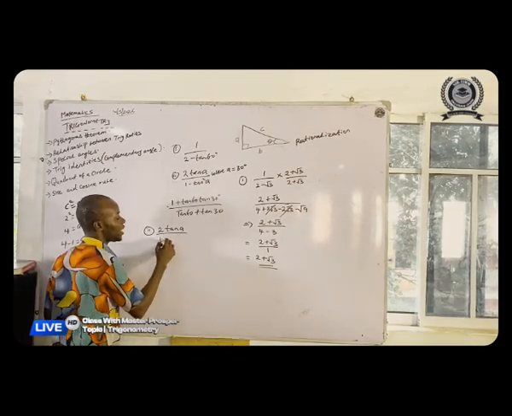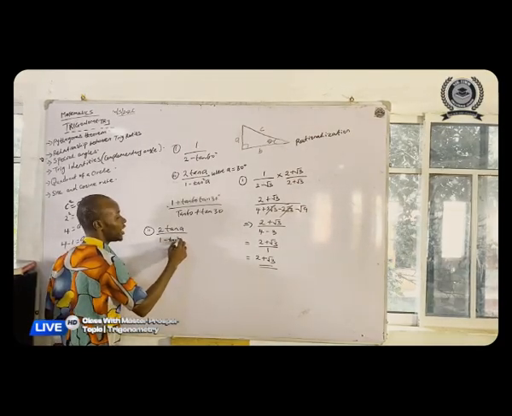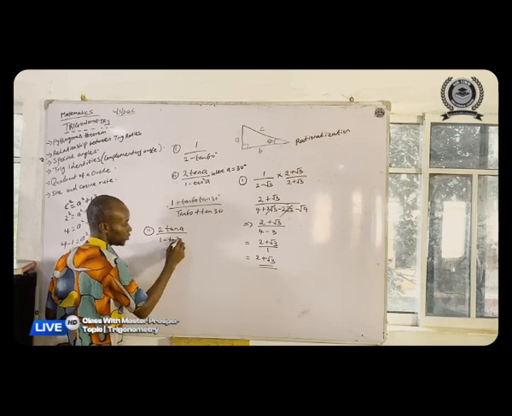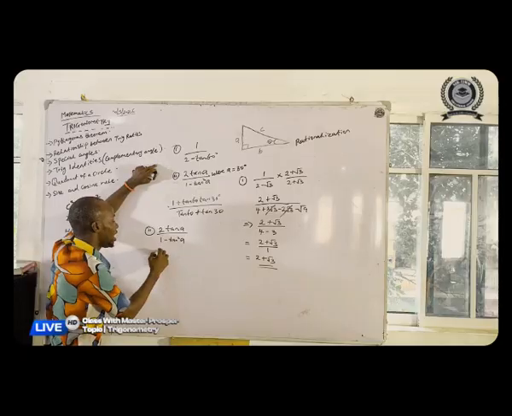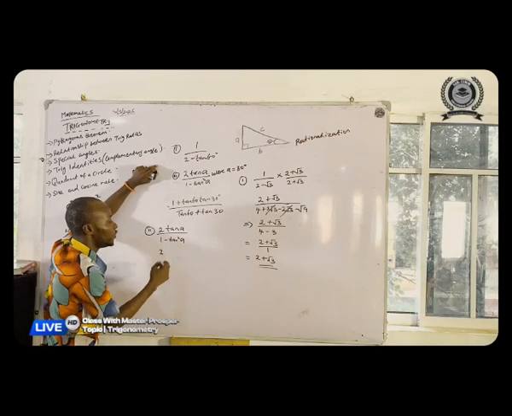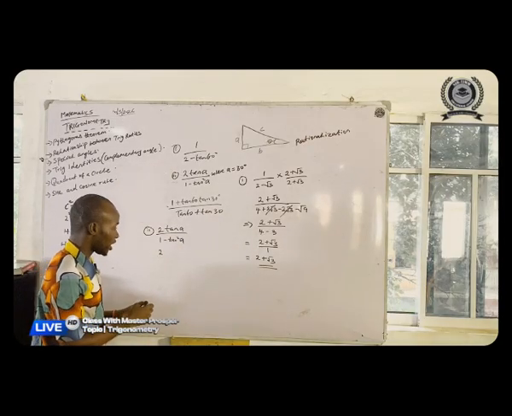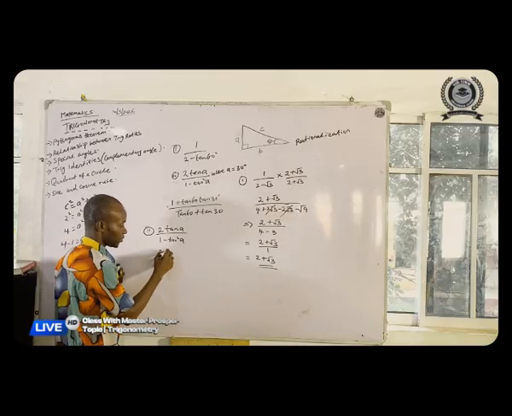1 minus tan squared A. What is the value of A? 30. So I'm now saying that what is the value of tan 30? What is the special angle of 30? Root 3 over 3.